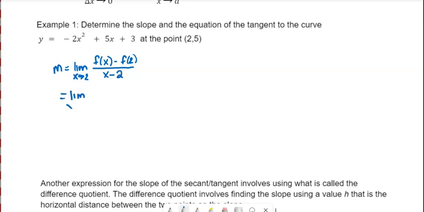So this limit as x approaches 2. So f of x is just this, so I'm going to put that in there: negative 2x squared plus 5x plus 3.